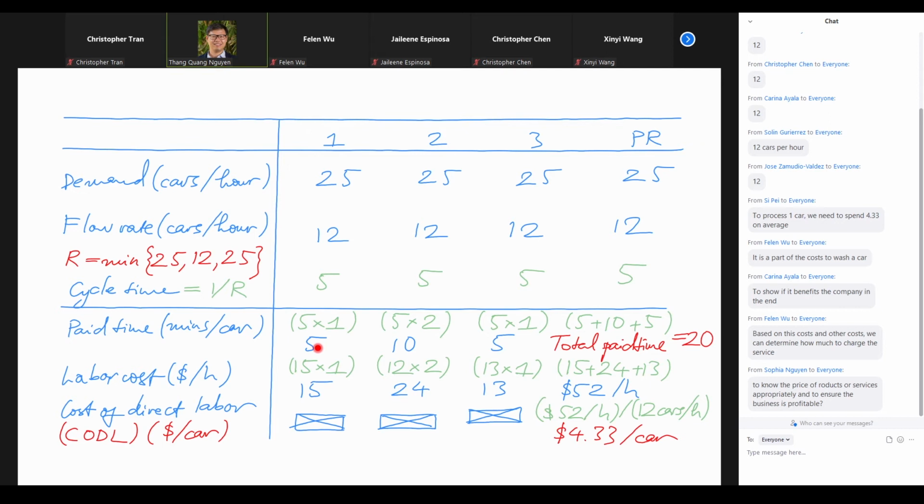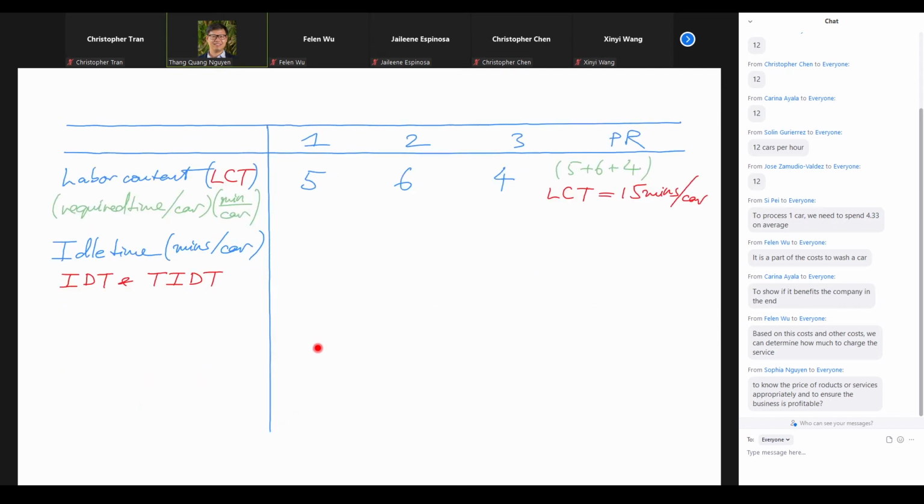That's the pay time. And then we pay the workers to work for 5 minutes. And then how many minutes do the workers have to work on the car, right? The labor content tells us that the worker actually works for 5 minutes per car. So if we take the pay time of 5 minutes per car minus the actual work time of 5 minutes per car, then we can find the idle time, right?